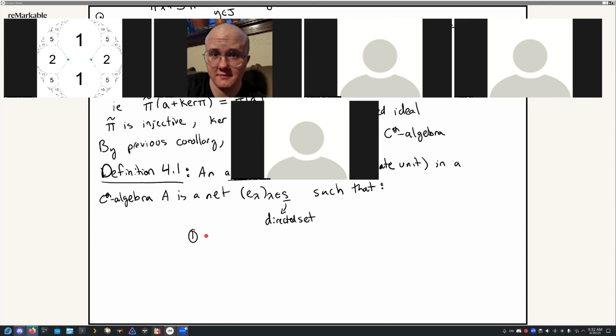So the first is we'll say that the net respects the order structure in the directed set. So if you have some indices, gamma and lambda, and say gamma is less than lambda, then E gamma is less than E lambda.